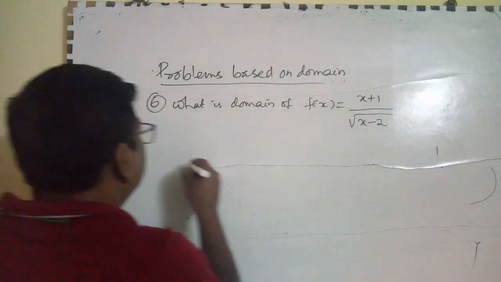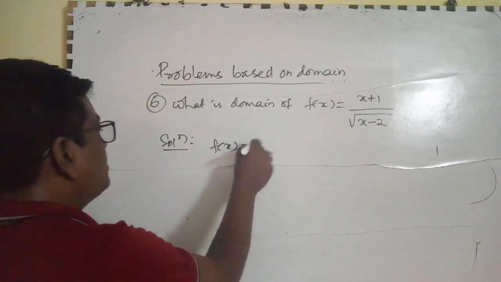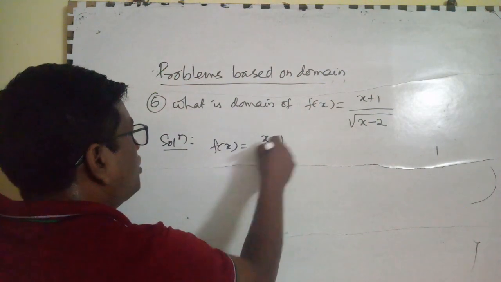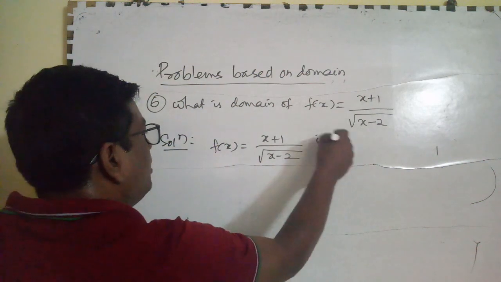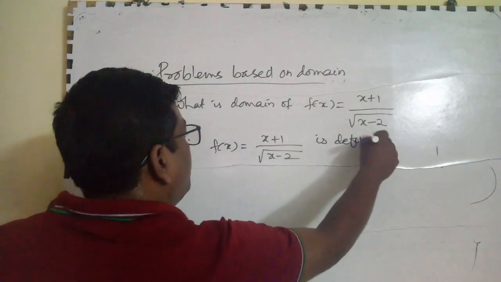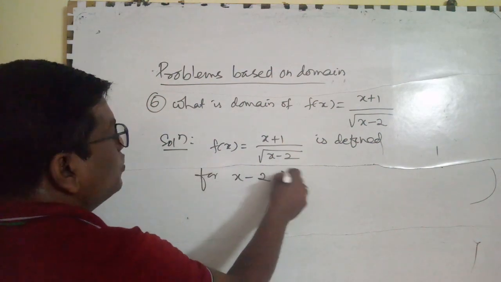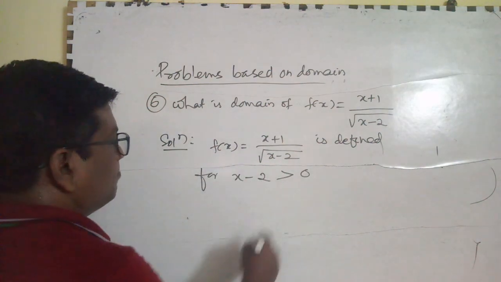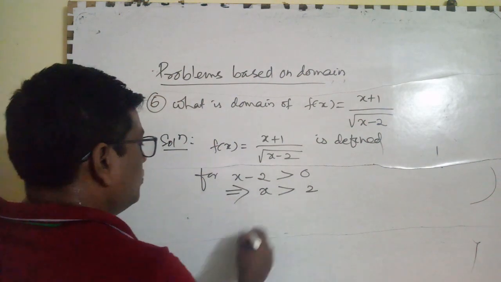Solution: f of x is equal to x plus 1 by root over x minus 2, which is defined for x minus 2 greater than 0. That implies x greater than 2.